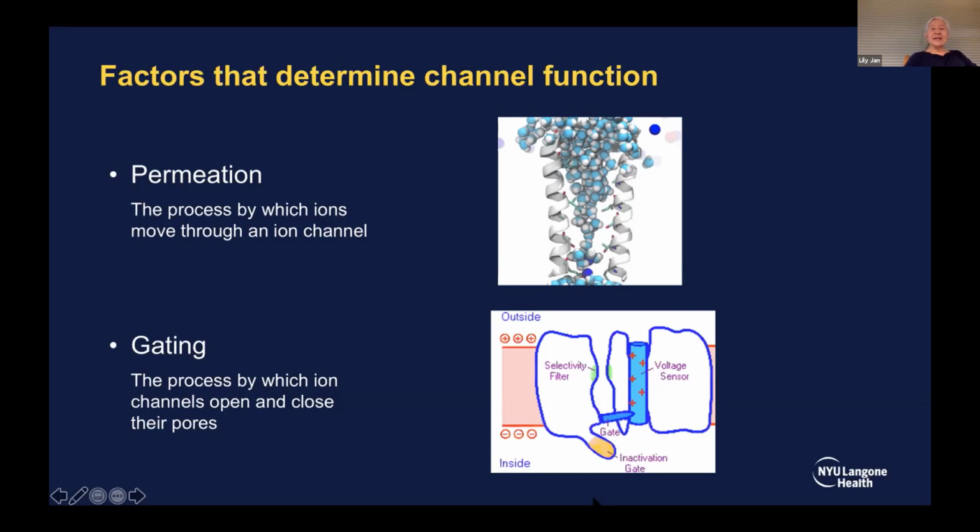And in fact, if you remove the ions that can go through the pore, you can detect the movement of this voltage sensor by the measurement of gating current, because the sensor is part of the protein that carries charged residues that actually move in the membrane when the potential across the membrane changes.